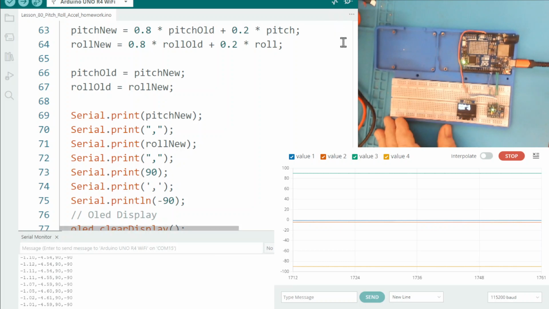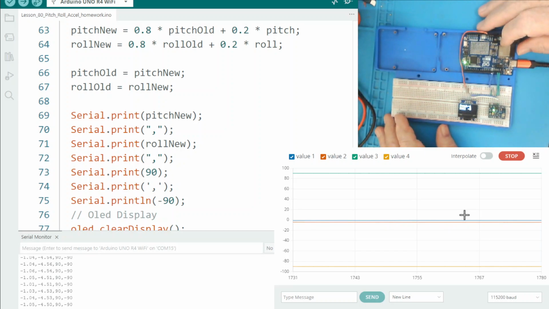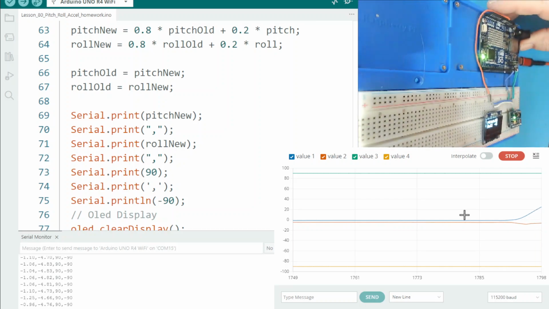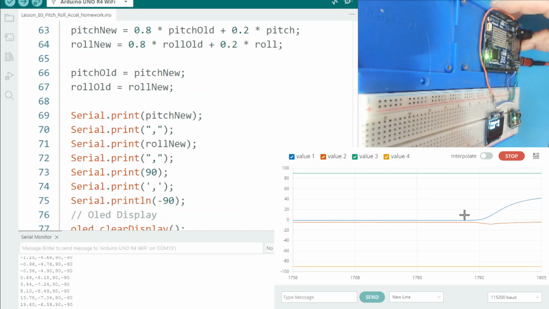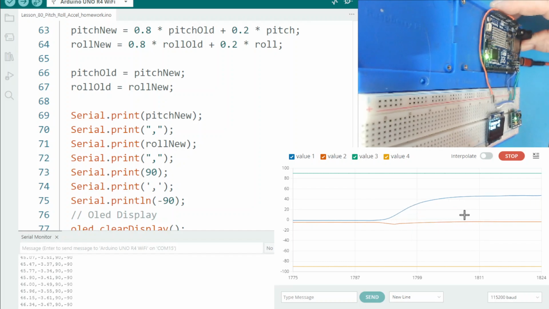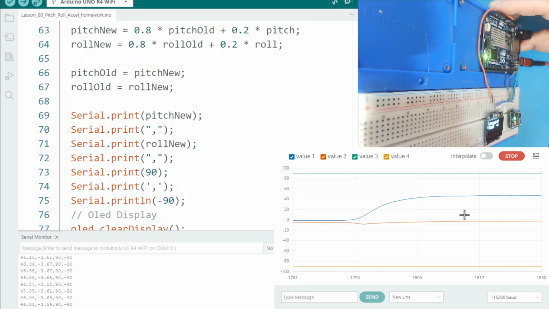Anyhow, the serial plotter allows us to see the variations in the pitch and the roll. Now, if I take this thing up to 45 degrees, that gets it to about 45 degrees, but it doesn't go there real fast. I mean, this is a jet fighter. You'd want something to go a lot faster than that.